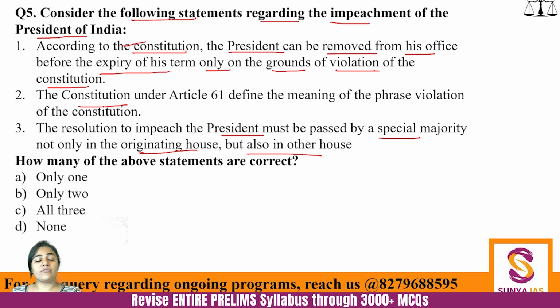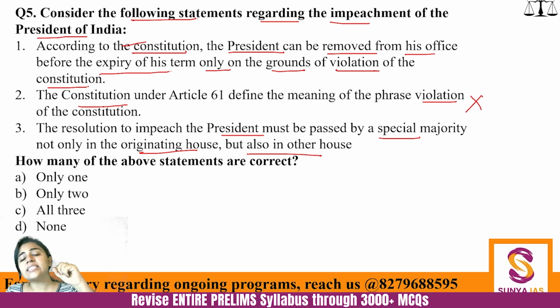See, you have to first find out the incorrect statement. So nowhere would the Constitution explain what violation of the Constitution means. Okay, the Constitution does not explain things like that. Office of profit, violation of Constitution, these kinds of things are not explained by the Constitution ever. So this becomes incorrect.